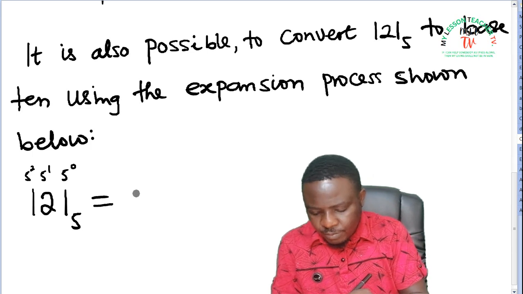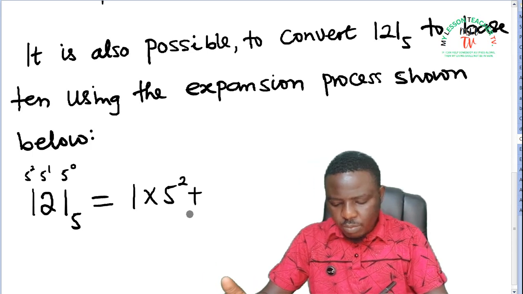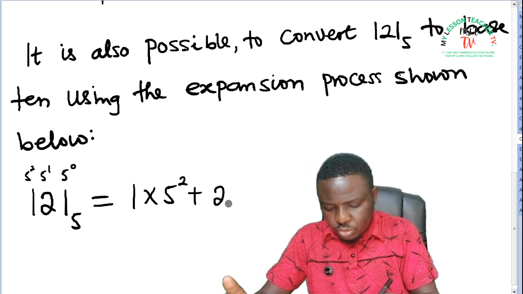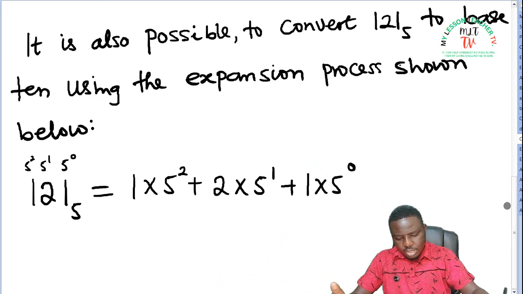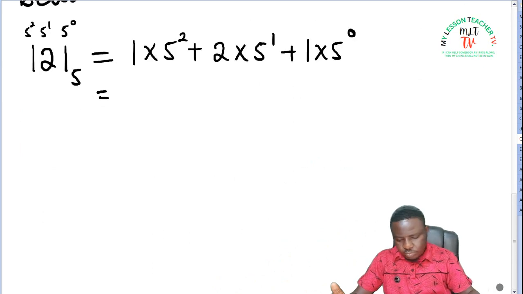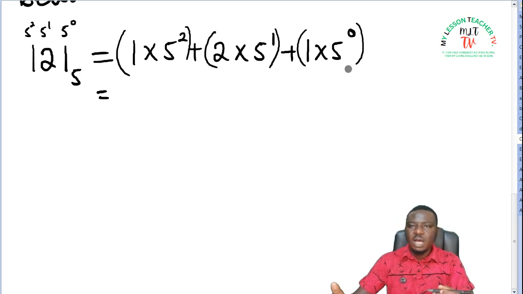So this is going to be 1 times 5 to power 2 plus, you pick the second digit, 2 times 5 to power 1 plus the third digit, 1 times 5 to power 0. You then simplify this. This is equal to, remember your BODMAS, you have to do multiplication before addition.